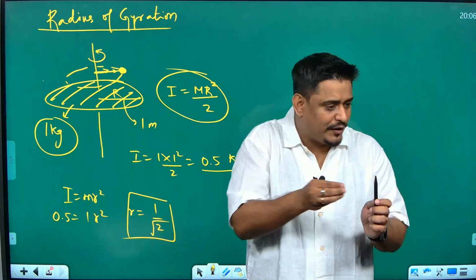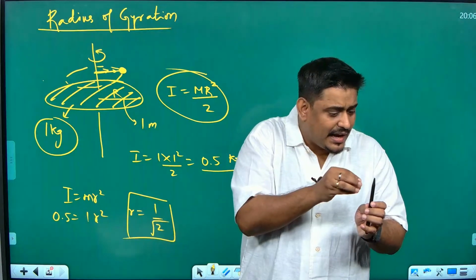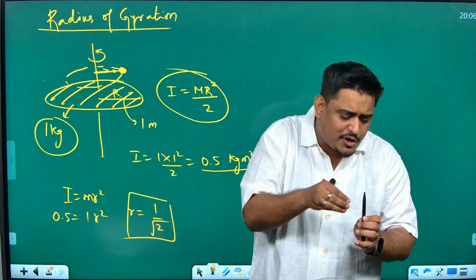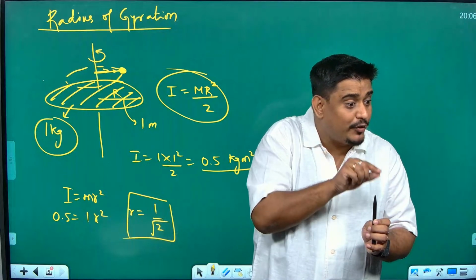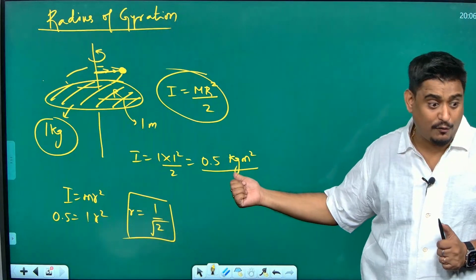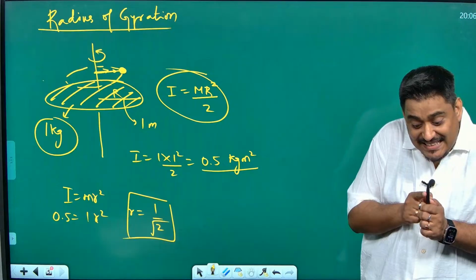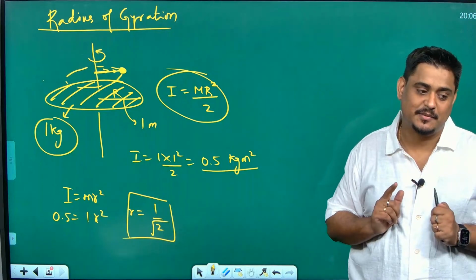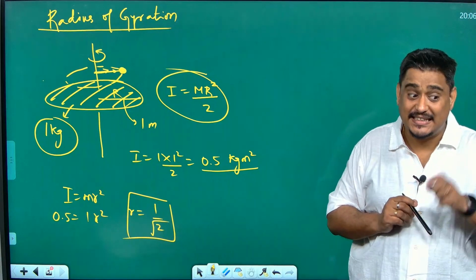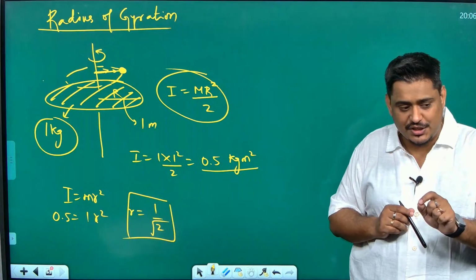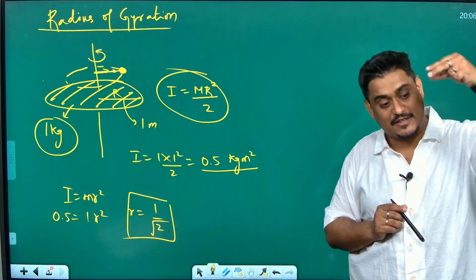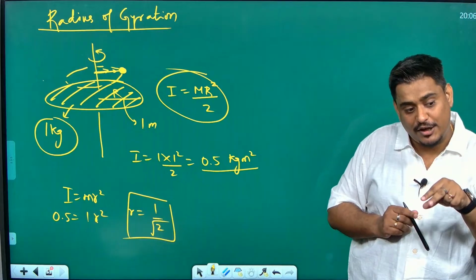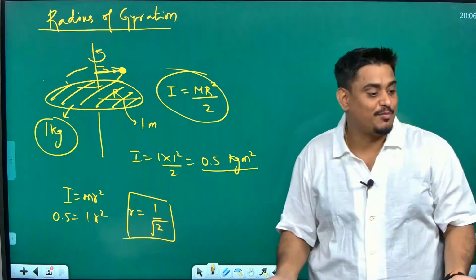If I rotate at 0.5, it will be 1 into 0.5 square. Like that, I will find where I should rotate so that my moment of inertia becomes the same 0.5 kg meter square. That distance is called the radius of gyration. It is the distance at which, if the whole mass of the body were concentrated, the moment of inertia would be the same as the actual distribution of mass.